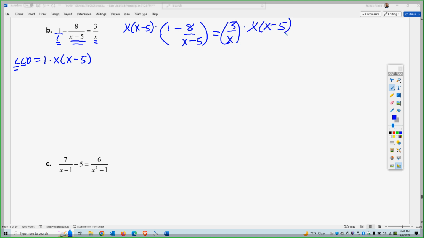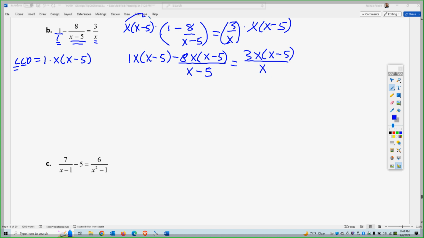Okay, because what you do to one side of the equation, do to the other. All right, so this is 1x, x minus 5, minus 8x, x minus 5, over x minus 5, equals 3x, x minus 5 over x, right? Because essentially we're distributing this into there and this into there, correct?